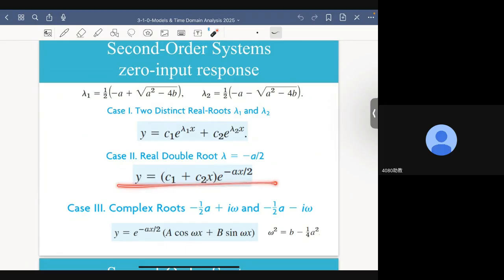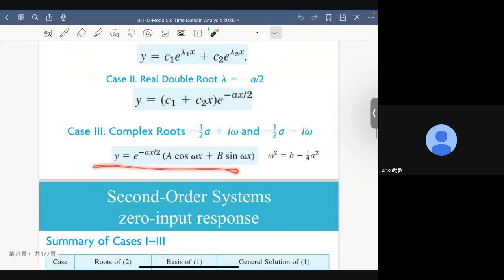Now, for the third case, which has a pair of complex conjugate eigenvalues, this is what we will get for the zero input response, or the homogeneous solution, for this differential equation.